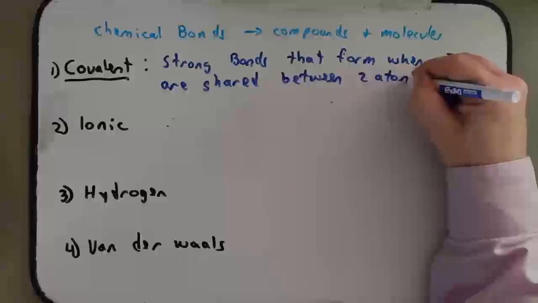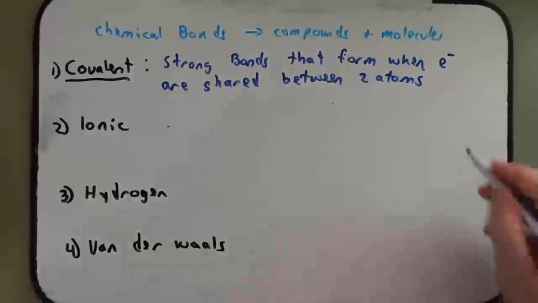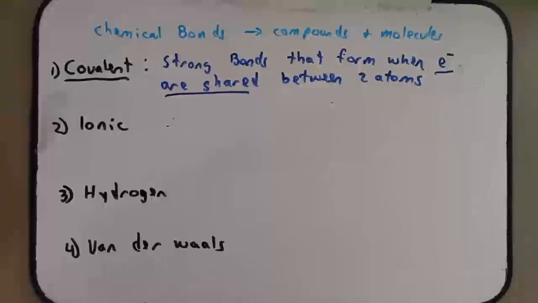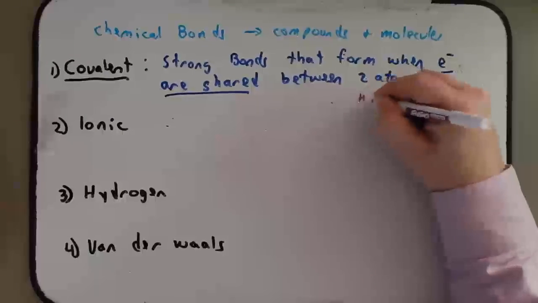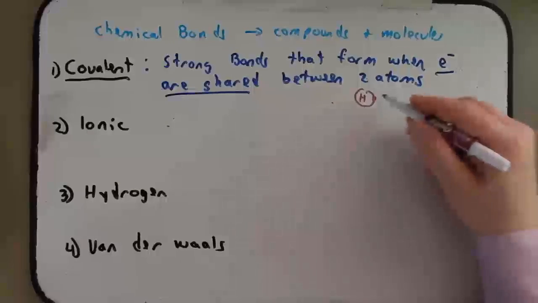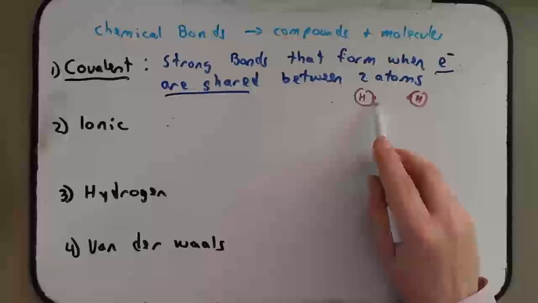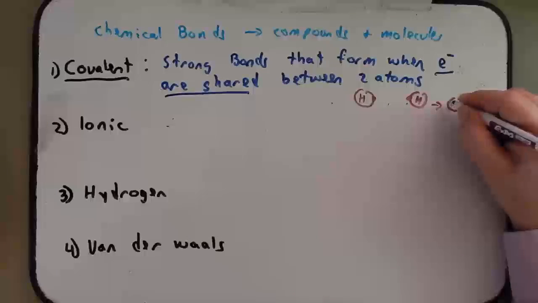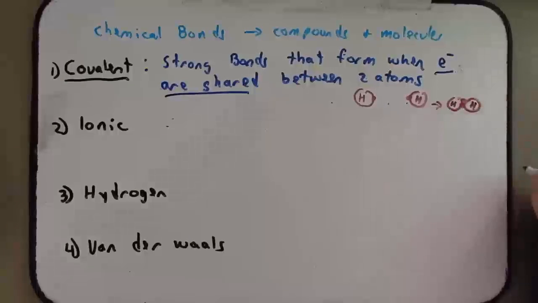They can be 2 of the same atoms, they could be 2 different types of atoms, but the key is that the electrons are shared. For instance, if we had 2 hydrogens, hydrogens have 1 electron in the outer shell, a valence of 1. These electrons are shared with each other to form this covalent bond where these 2 hydrogen atoms share the electron.